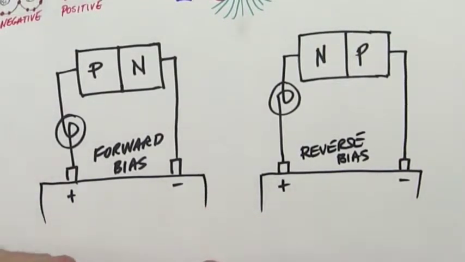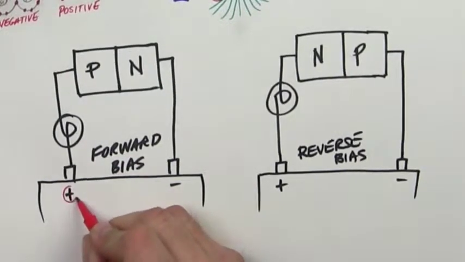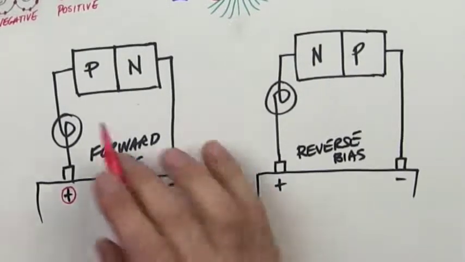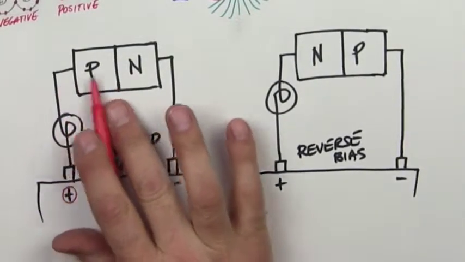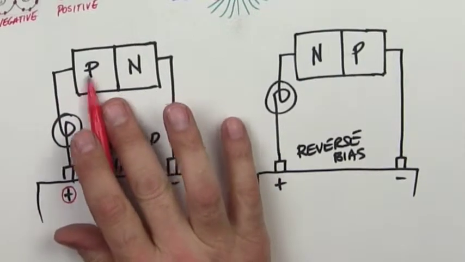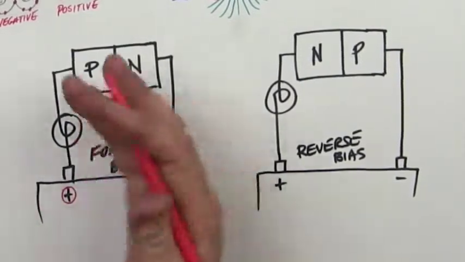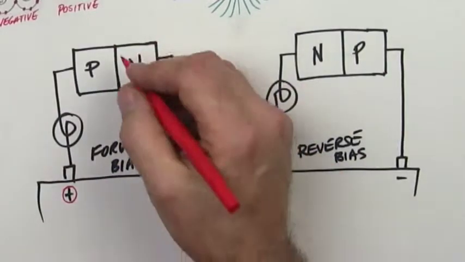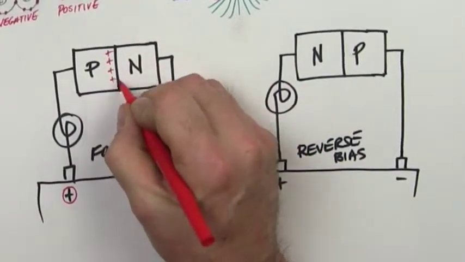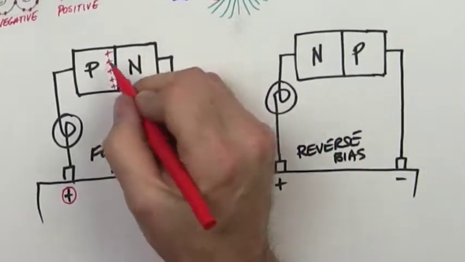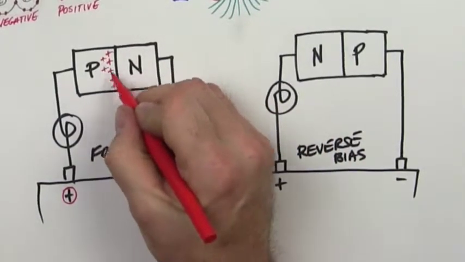Okay, well, in the case of the forward bias, this positive here repels, so to speak, the positives in the positive side of the diode. So that tends to push whatever empty holes there are in this direction, because the holes are always moving.